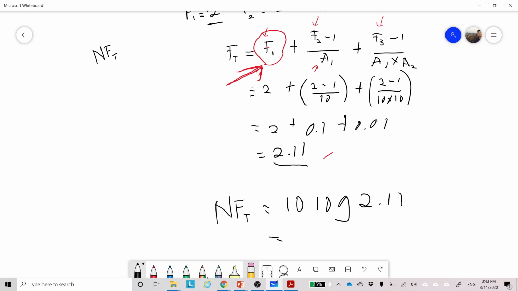So you akan dapat berapa? 10 log 2.11, you akan dapat 3.243 decibel. Okay.